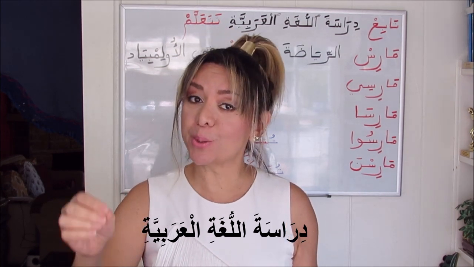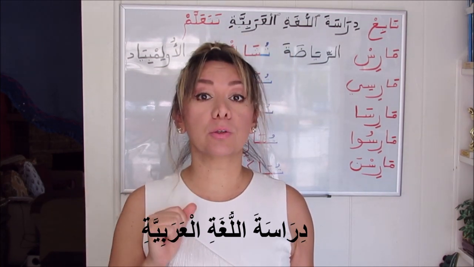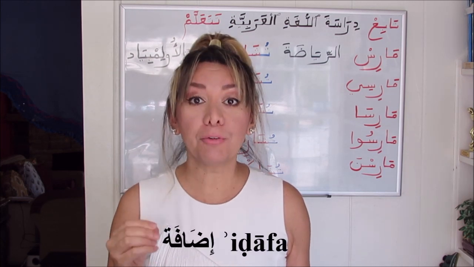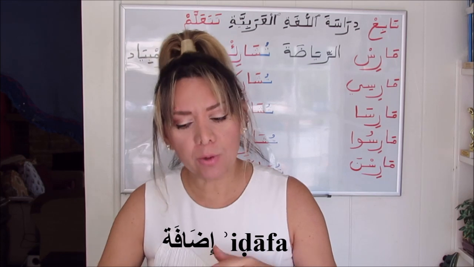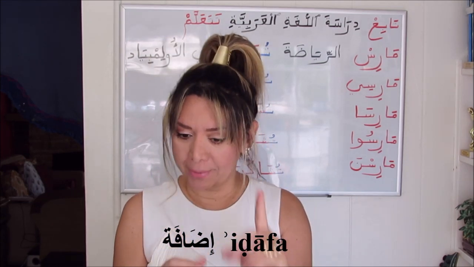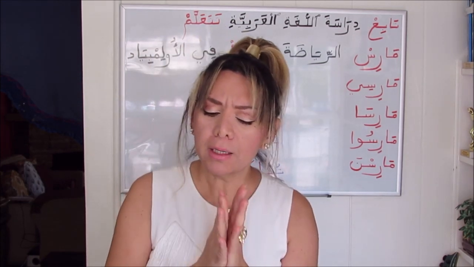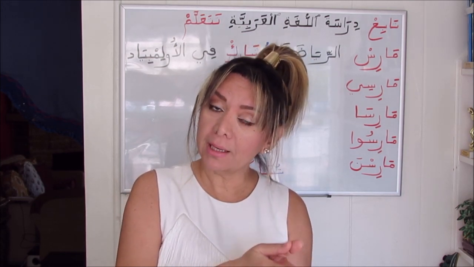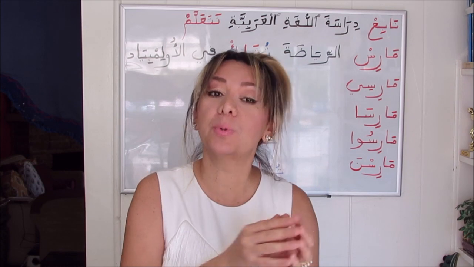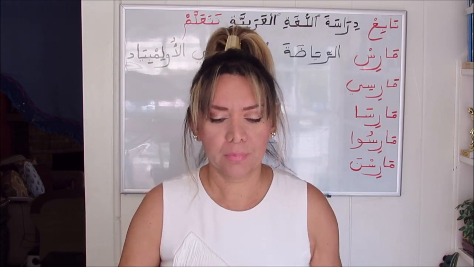It is also called the genitive construction, إضافة, since the noun or nouns that follow the first one are in the genitive case, meaning that they are marked with a kasra.